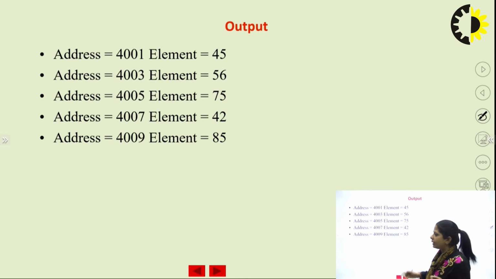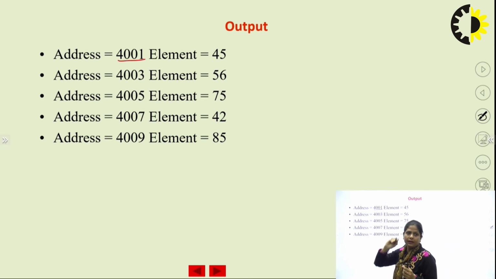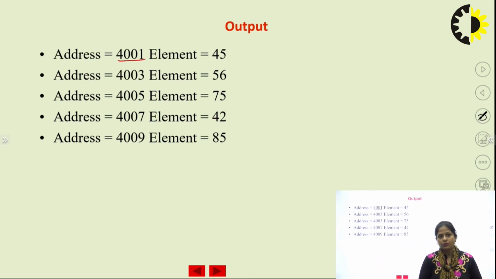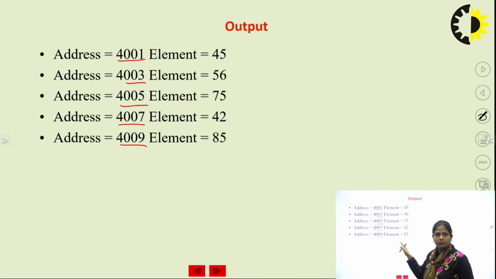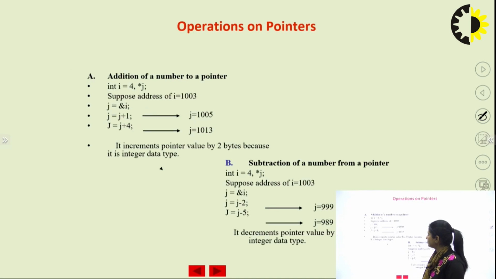For example, if the address of the very first element of the array is 4001, because we have declared an integer array, the next address is incremented by 2: 4003, 4005, 4007, 4009, and similarly the elements.